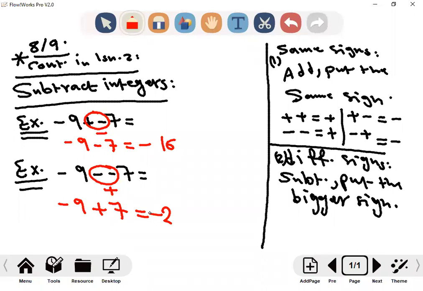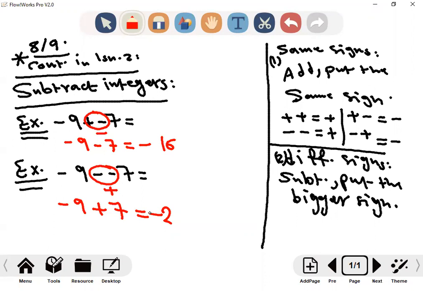Yesterday we stopped at example 3. Yes, Mohsen, why don't we do the minus? Because they are similar signs, so we add, we don't subtract. The first one, what's the sign of the 9? What's the sign of the 7?